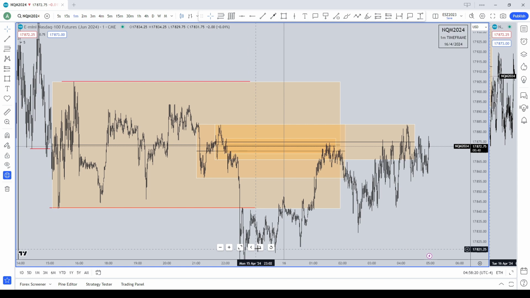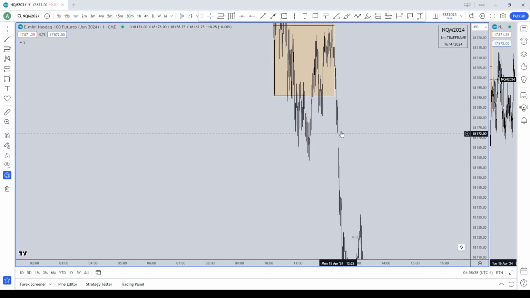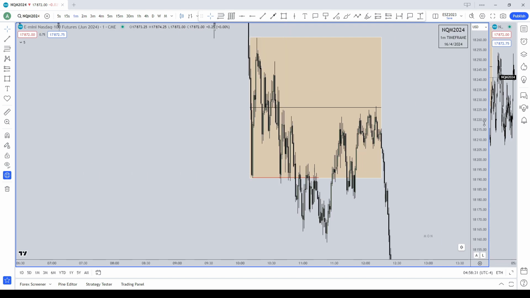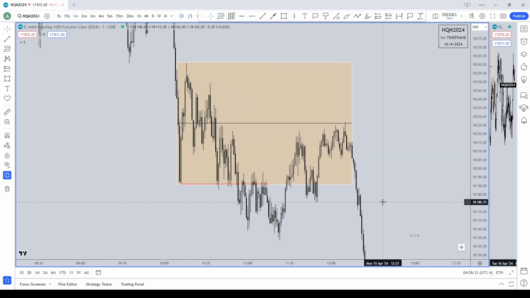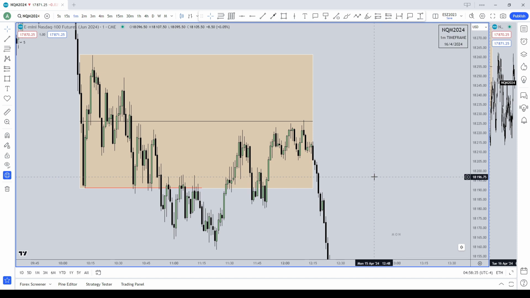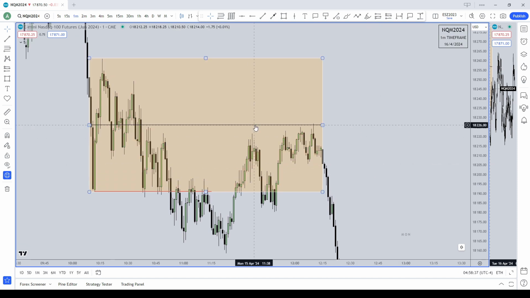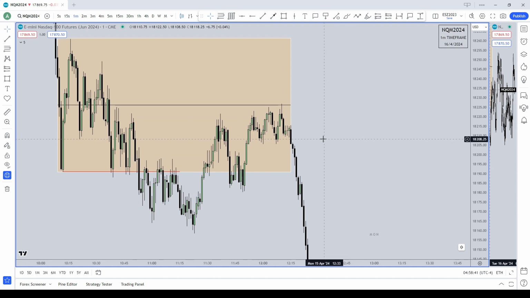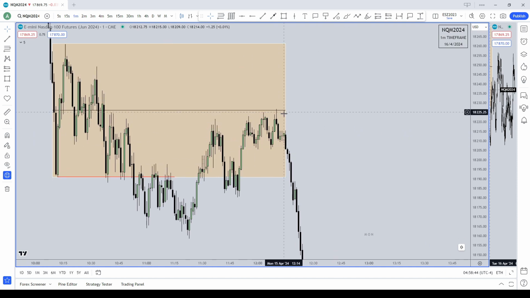Look at that, close below, price wants to go to 50%, and after that goes at least 1 to 1, at least 1 to 1. Same here, at least 1 to 1. Look at that. Yeah, and I was waiting for the 50% here, and I was able to get an easy 1 to 1.